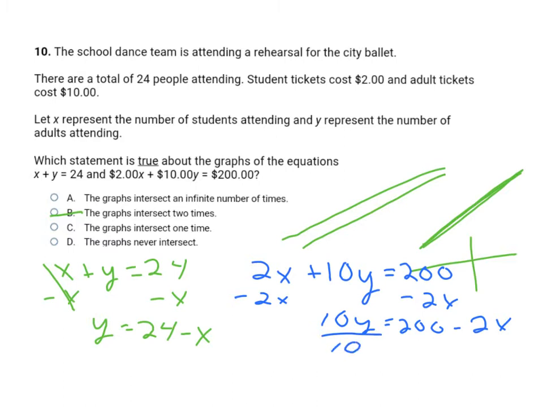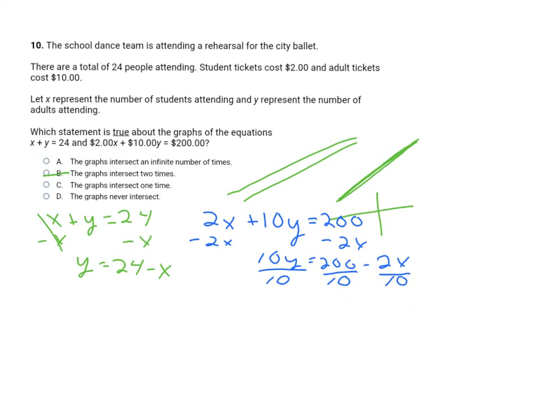And then I'm going to divide both sides by 10, making sure that I'm dividing every term on the left side by 10. And here the 10s are going to cancel out, and I'm left with y. 200 divided by 10 is 20. And then 2 divided by 10, that's going to simplify down into 1/5 x.